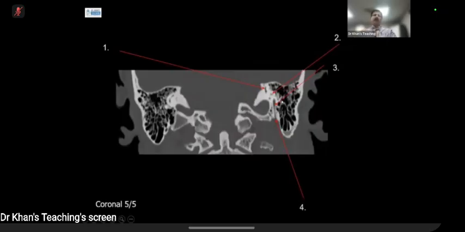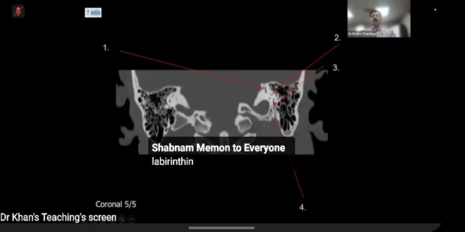Okay, last section, coronal. Number 1, number 2, these are harsh because you just see them partially, but you can imagine something going superiorly, you can imagine something going laterally. And then you can see that something is going inferiorly.